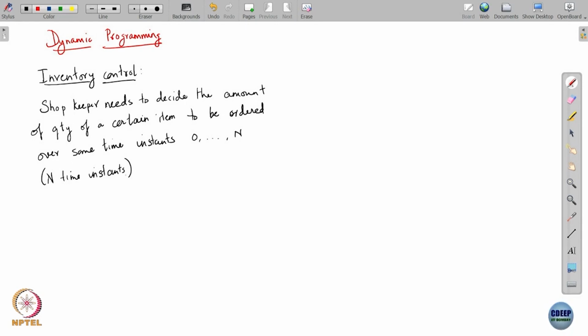So, now what are the considerations involved in a problem like this? Well, you want to order a certain amount of quantity. The goal is to meet the demand. Okay. It is also to optimize costs.